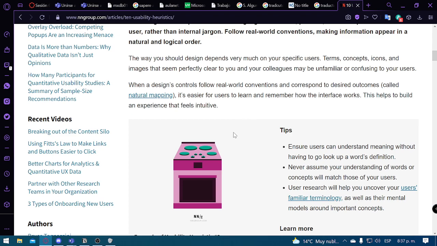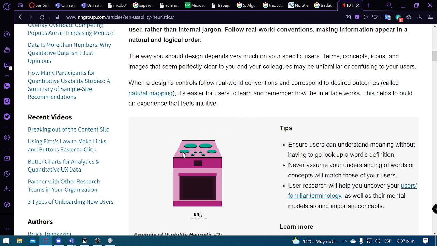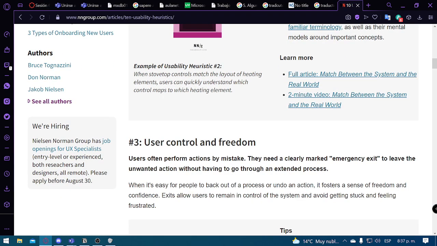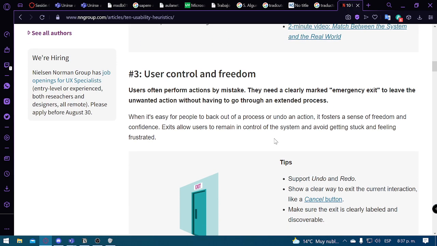Terms, concepts, icons, and images that seem perfectly clear to you and your colleagues may be unfamiliar or confusing to your users. We must always have the best words or the best information for the people, because they don't understand everything that we understand. So it is important to recognize what people in general understand.